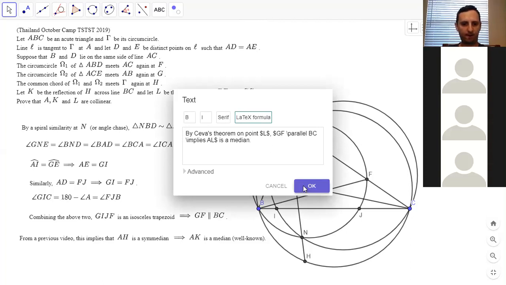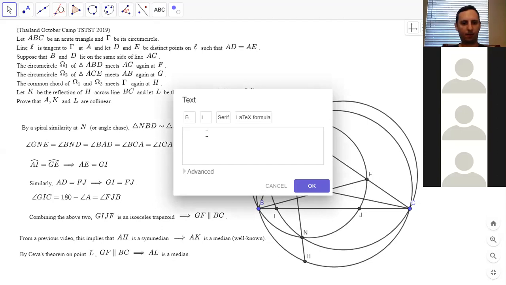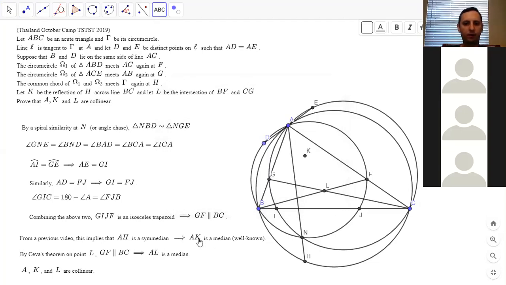So A, K and L are collinear. All right. So I think this fact is pretty well known that if you take the symmedian point and reflect it over BC, where the symmedian meets the circle, you get the median. Yeah, we use this fact from the previous video.